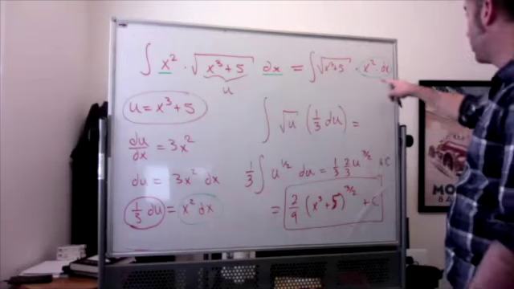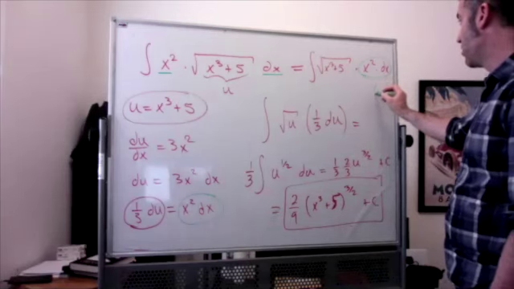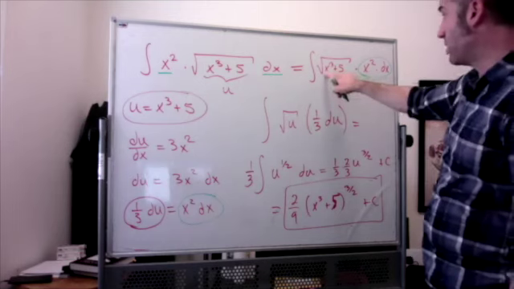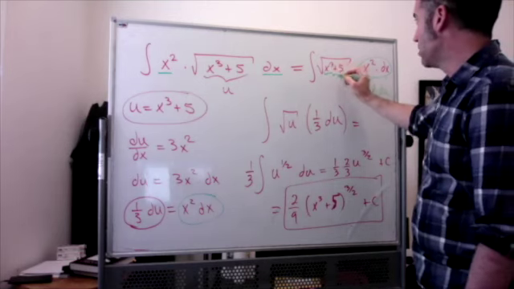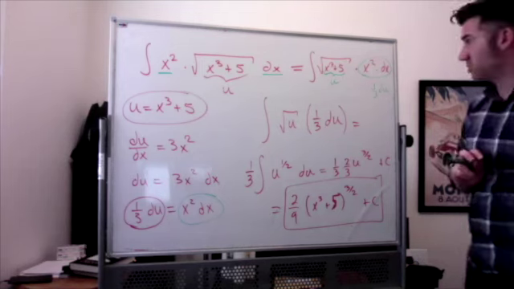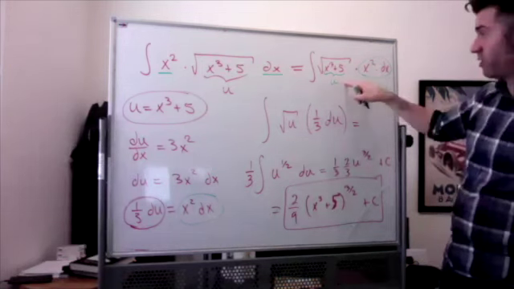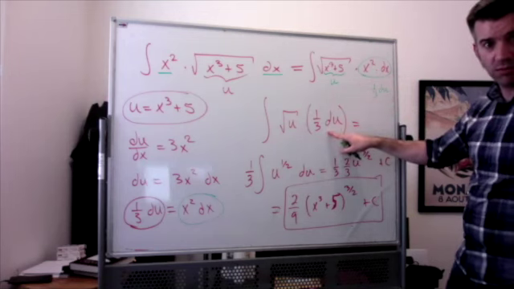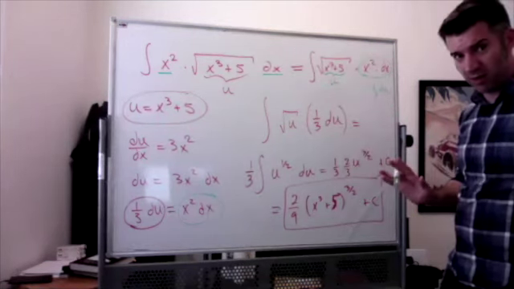So we're really just replacing this with something it's equal to, and in a similar way, replacing this with something we've said it's equal to. So we end up with the square root of u times 1/3 du. Does that help clarify things a little bit?